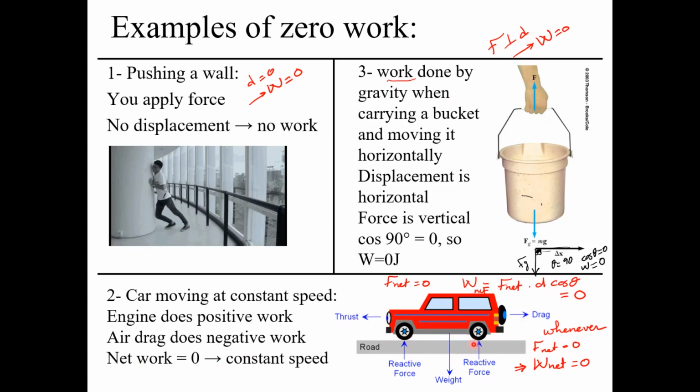Similarly for the vertical directions. And then you will get W net to be equal to 0. Another way to think about it, if you check F net for this whole figure and it's 0, then W net is F net times D times cosine theta, and this will be 0 as well. So whenever F net is 0, W net will be 0 as well. And the result of that is there's no net force, the speed is going to be constant.